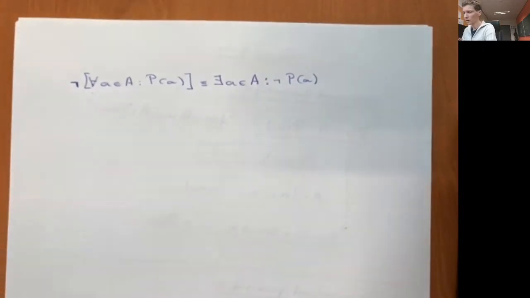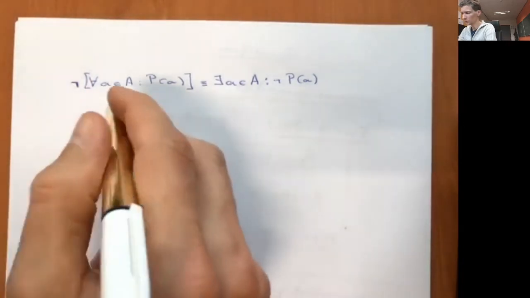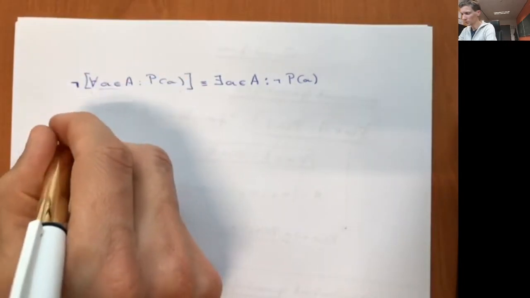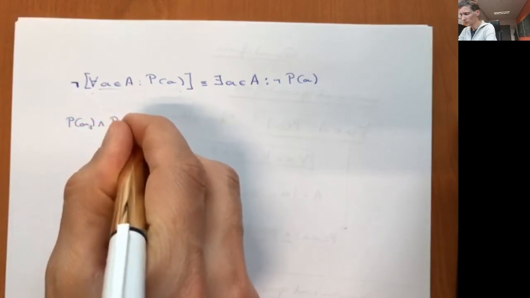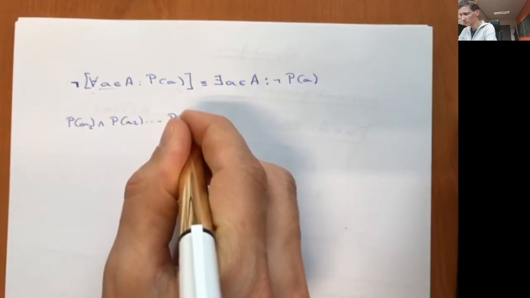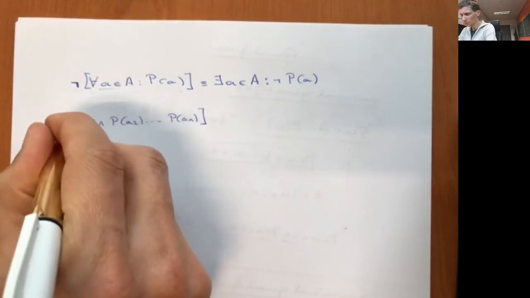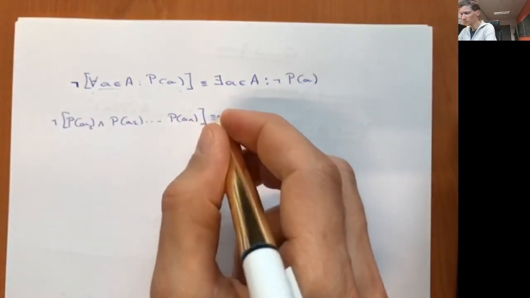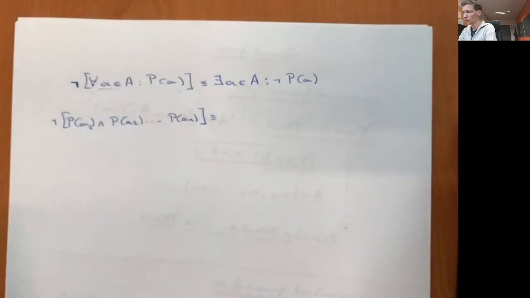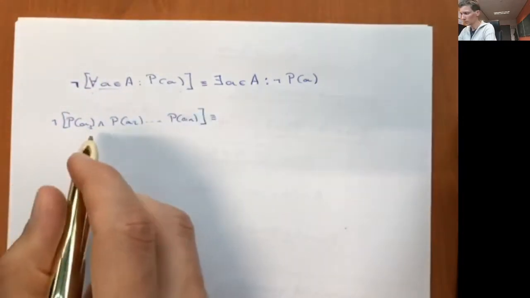So what's the underlying reason for this whole procedure? Well, remember that this is simply a long chain of ANDs, P(a1) and P(a2) and so on. So if you would negate this, then we can use De Morgan's law. So what happens?